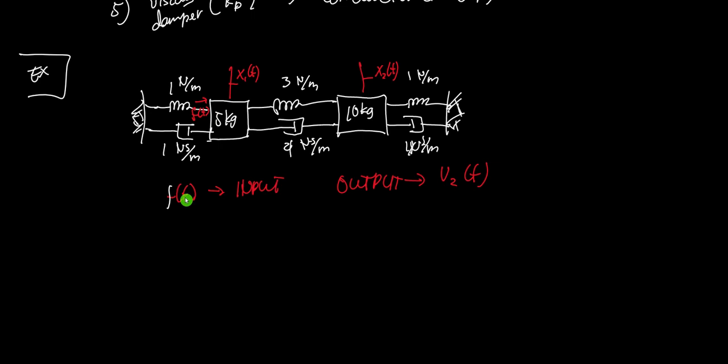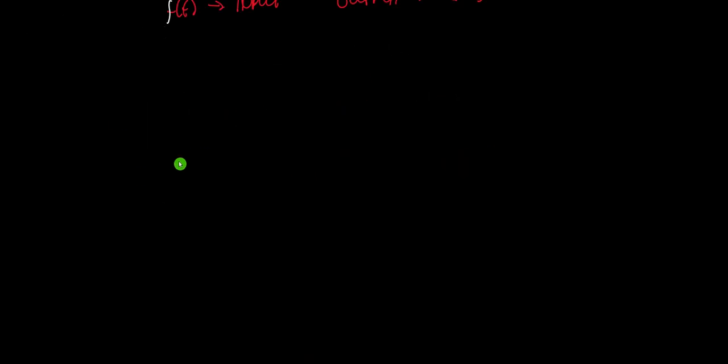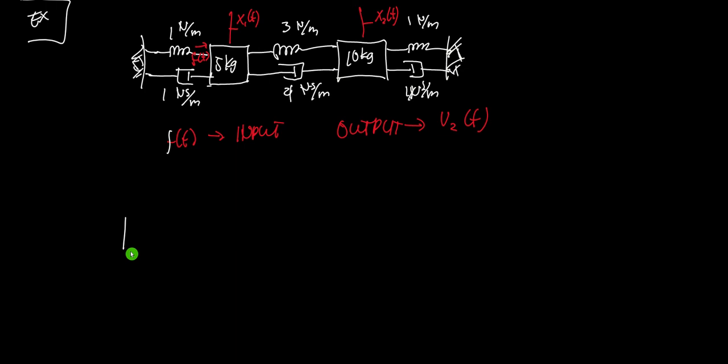Then remember our rules in determining the analogy between the two systems. The number of masses is equivalent to number of mesh. Also, but this time, because this is a force current analogy, our common element, these two here, instead of connecting them in common in between, there will be in series between the two. So for the first two here, our input now will be a current source. This is F(t).